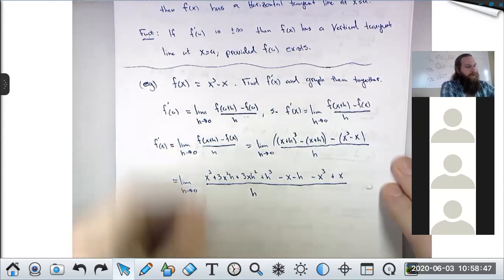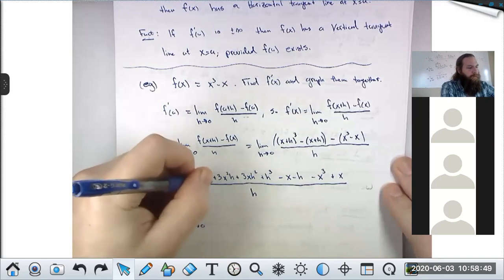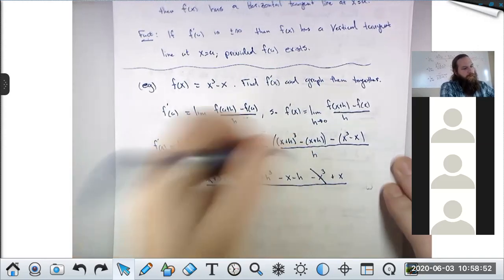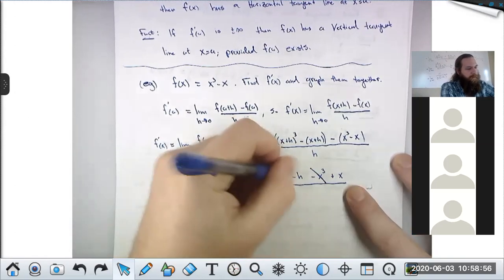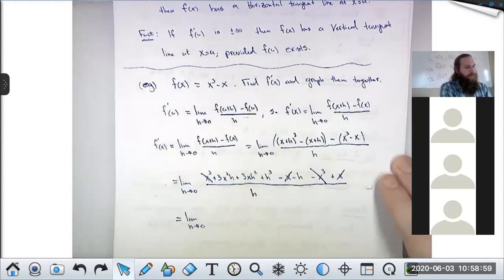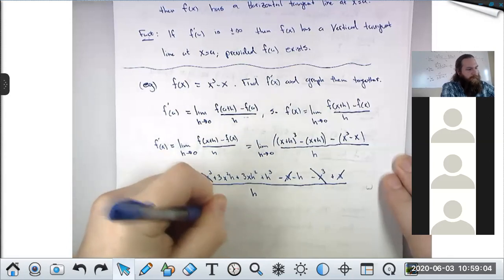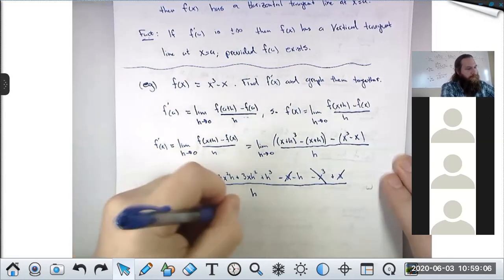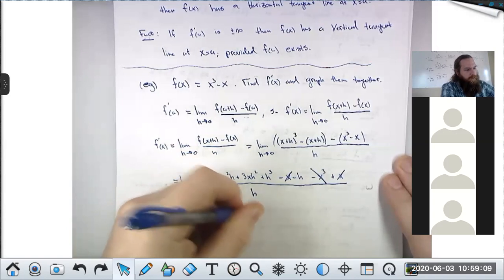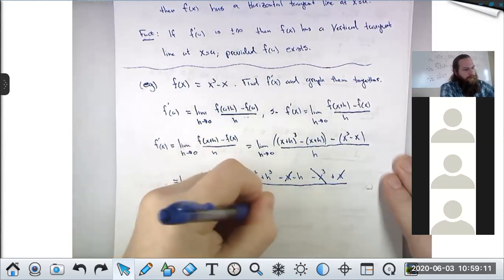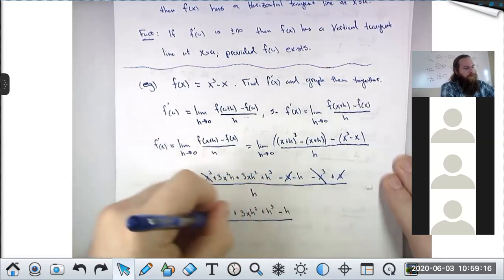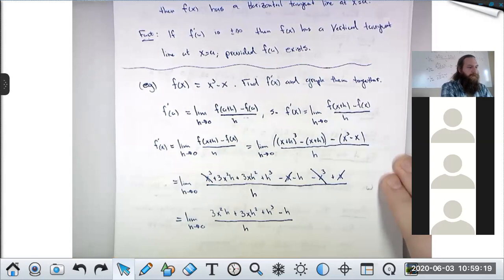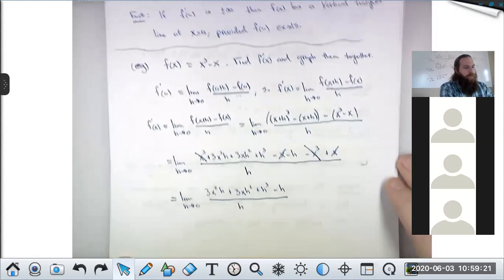So what lives and what dies? Well, this x cubed is going to get eaten up by this x cubed. I've got a plus x here and a minus x here. They will consume each other. And everything that's left here is 3x squared h plus 3x h squared plus h cubed minus h, all divided by h. So now I can factor out an h from the top.